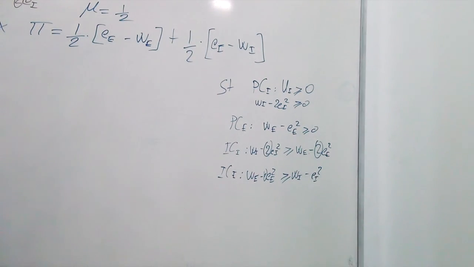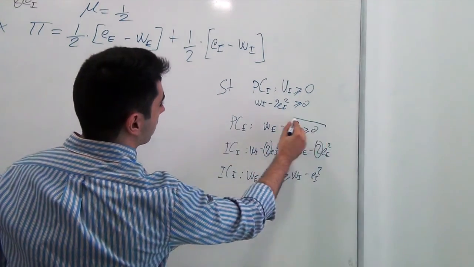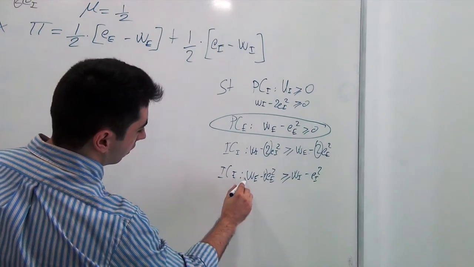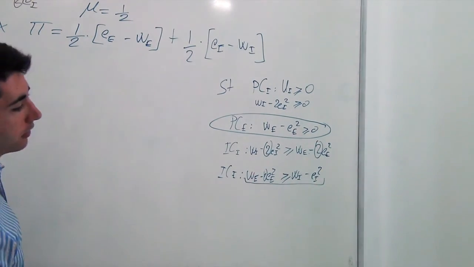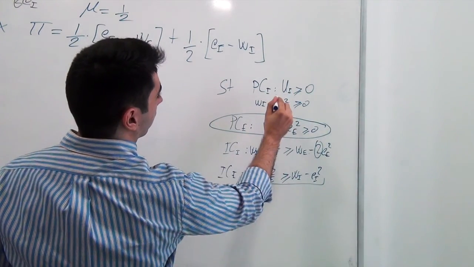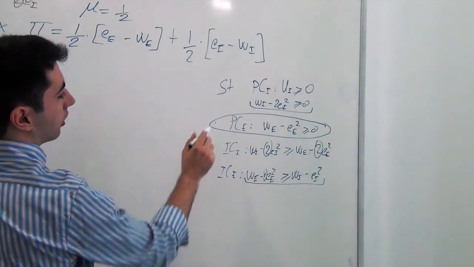Now we can see with some easy algebraic computation that this is redundant, because whenever this holds and this holds, this would hold as well.